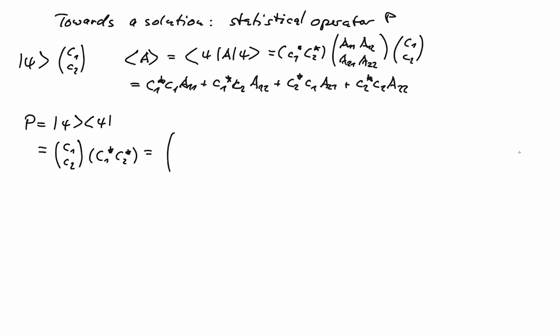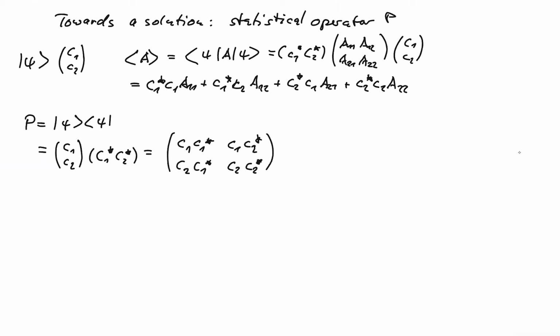And this gives the matrix C1 C1 star, C1 C2 star, C2 C1 star, and C2 C2 star.